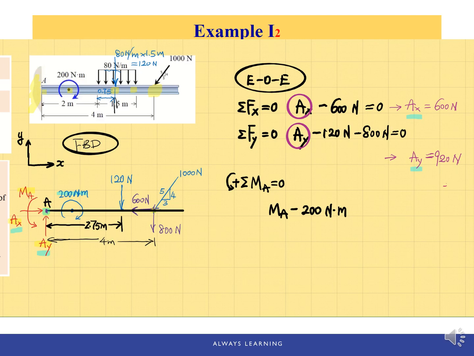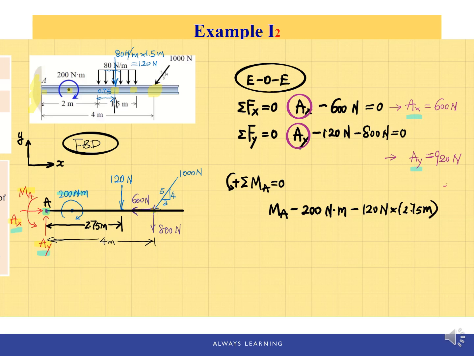And the next one will be the 120 Newton. It also creates a clockwise rotation. So this will be minus 120 Newton times 2.75 meter.